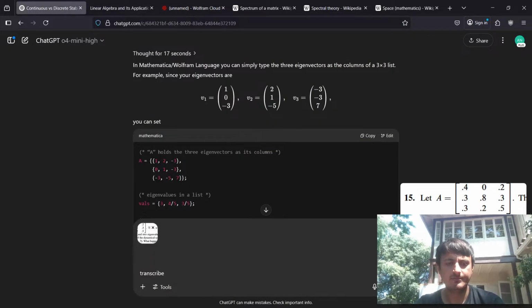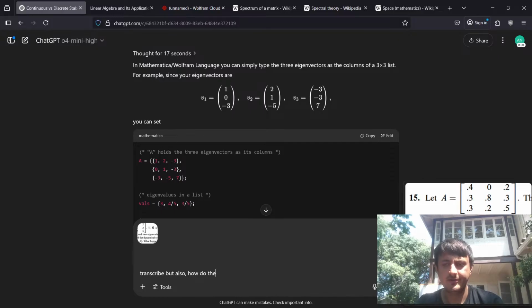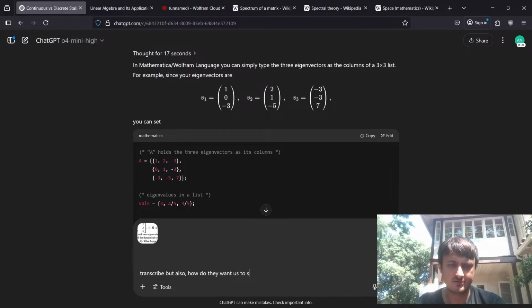Transcribe, but also, how do they want us to solve this? It seems like they don't want us to solve it.